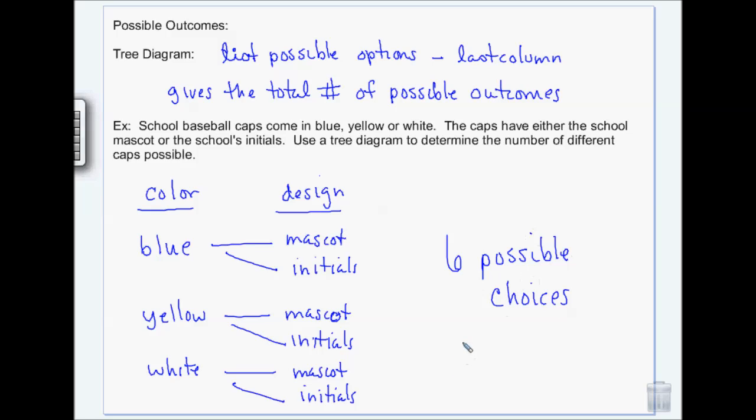Right? And then if you get blue with a mascot or initials and then maybe there was another option, then you'd add another column and keep going. Does that make sense?